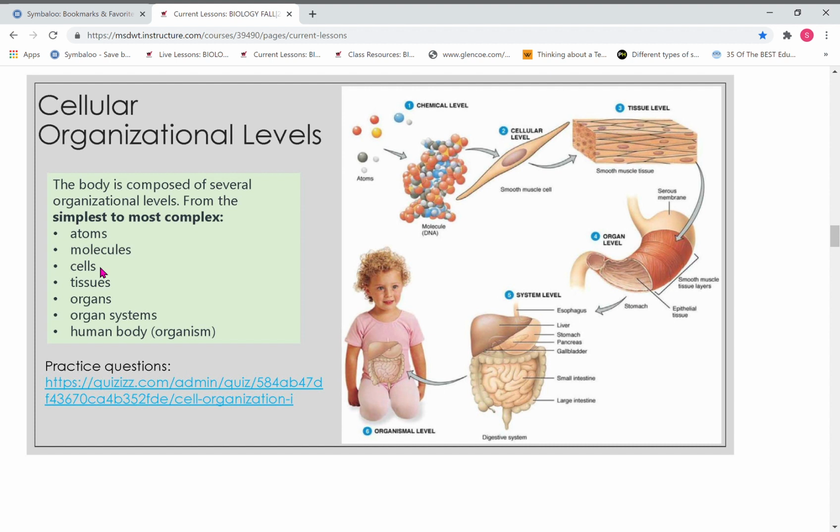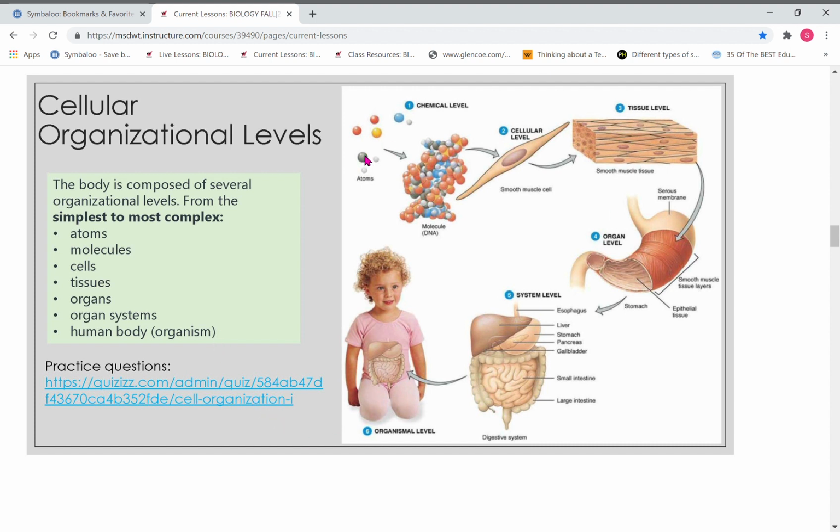Then we make a cell, which is a living organism, and hundreds of thousands of cells make tissues, and many tissues make an organ, and many organs make an organ system, and all of the organ systems make a human, or an organism, a living being.